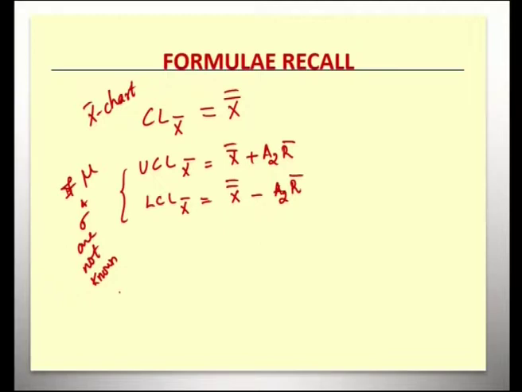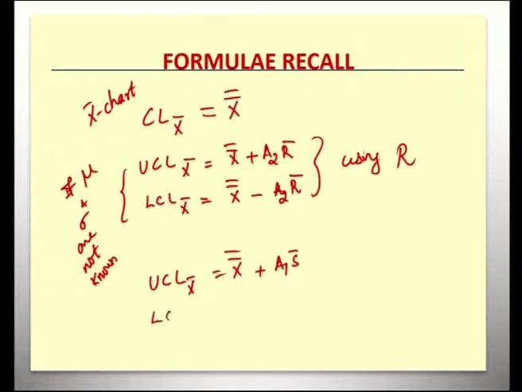These are the upper and lower control limits for x bar using range if mu and sigma are not known. Now the control limits for the x bar chart using S: UCL of x bar is equal to x bar bar plus a1 into s bar, and LCL of x bar is equal to x bar bar minus a1 into s bar.